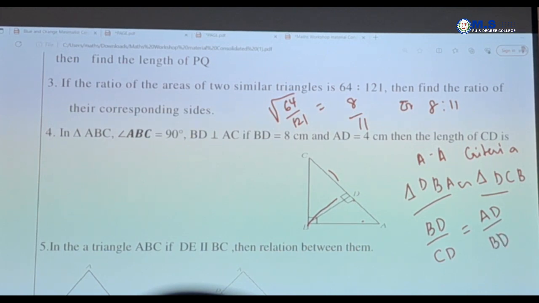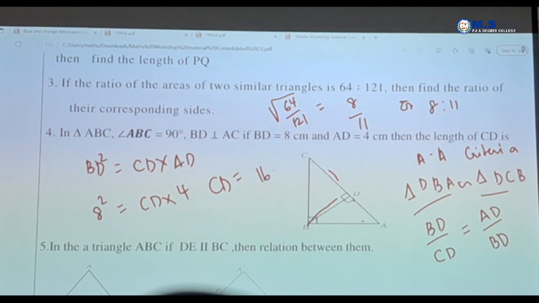Now cross multiply: BD into BD is BD square, equals CD into AD. BD square is 8 square, and AD is 4. Now CD equals 64 by 4, which is 16. Right?